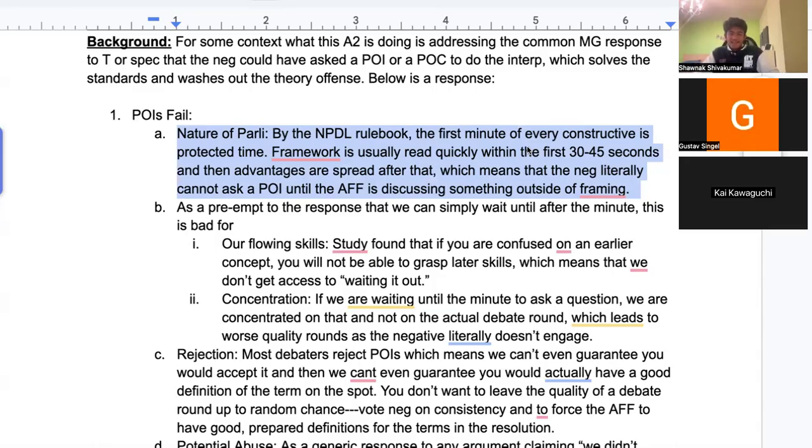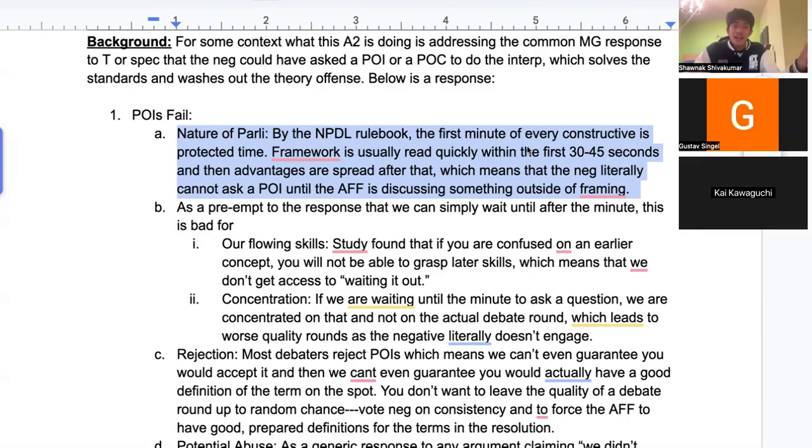Wait, Shanik. Earlier you said when the neg runs a counterplan, you can just shout, "Give us the status" and give us a text. So can you just do that in any case? That's a really good point. Okay, wait, I don't know if we can say this on the video. But yes, there's one exception in which you can shout something out, and that is for text and status.